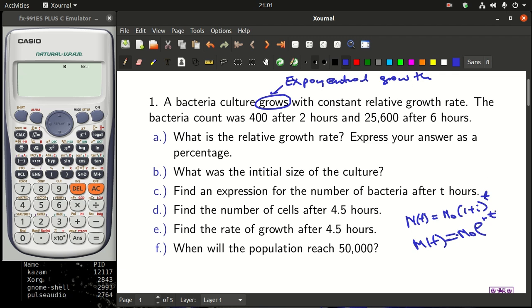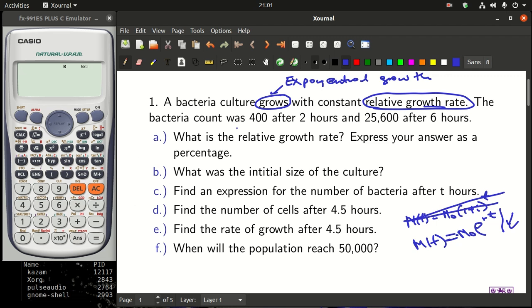Since it grows exponentially, we have these two equations. This one does not have a constant relative growth rate, so the second is the equation we'll be using.